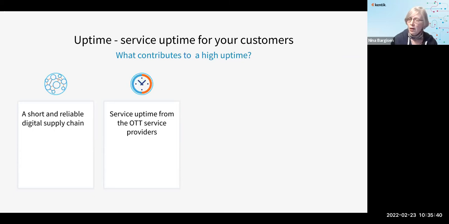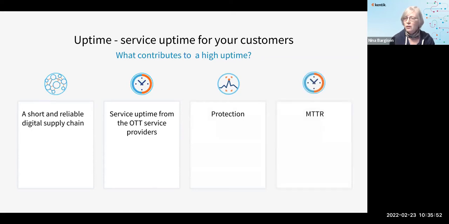But we can know about it, and we can mitigate what happens when something is up with that uptime. Also, we can protect our network. And finally, we can make sure that when something is broken, we can fix it really fast.